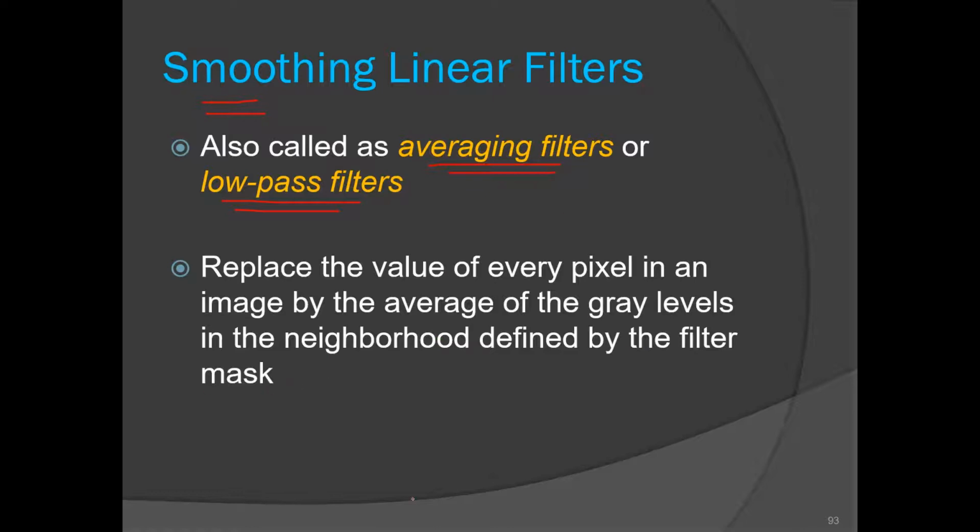If the mask size is 3 by 3, then we replace the value of the middle pixel with the average of all the neighborhood, including the middle one also.